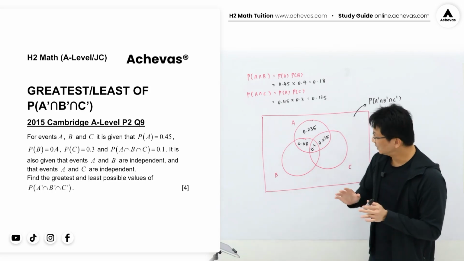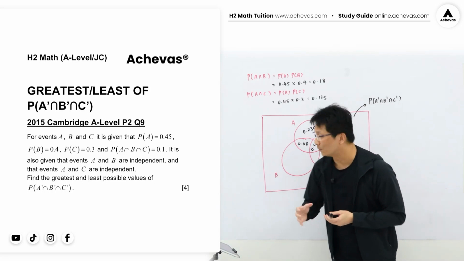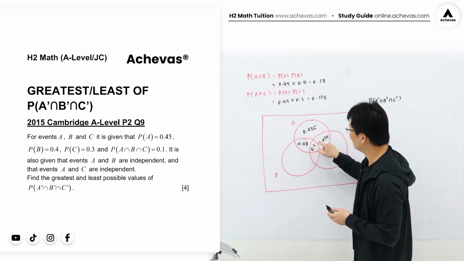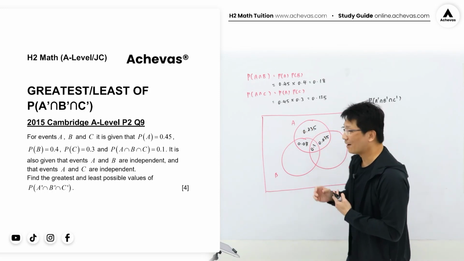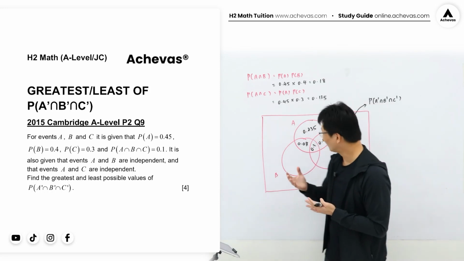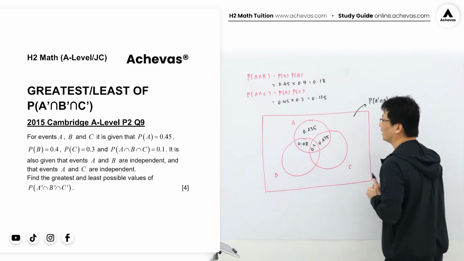In fact, it's not really necessary to find each of these values individually because this entire region is a fixed value, but for clarity, no harm labelling them separately.